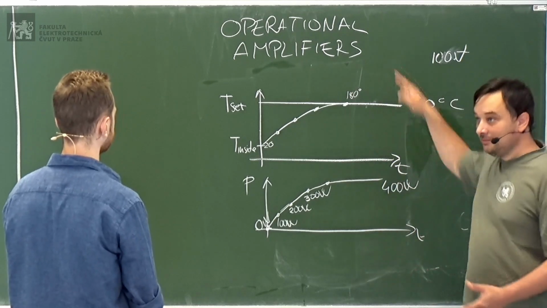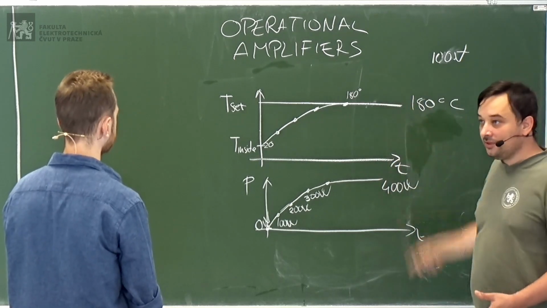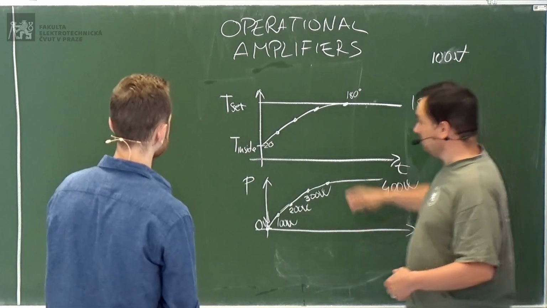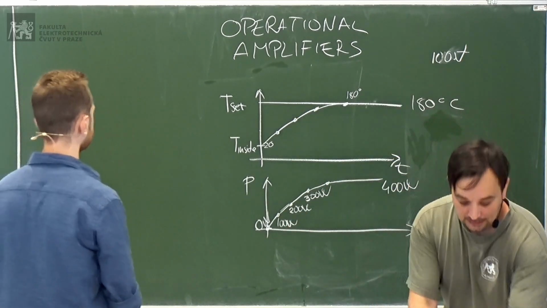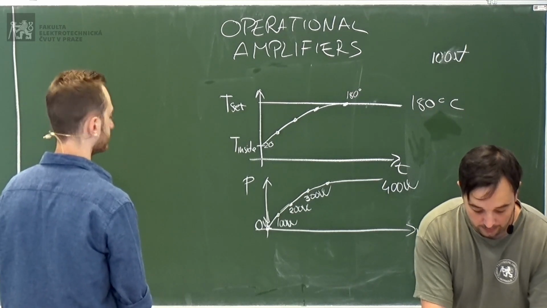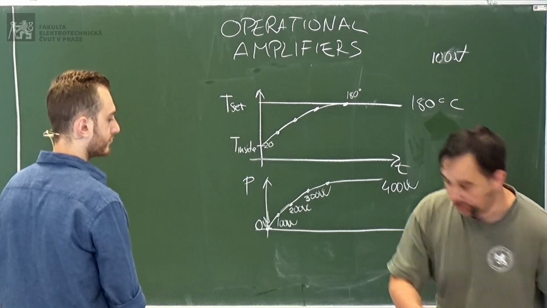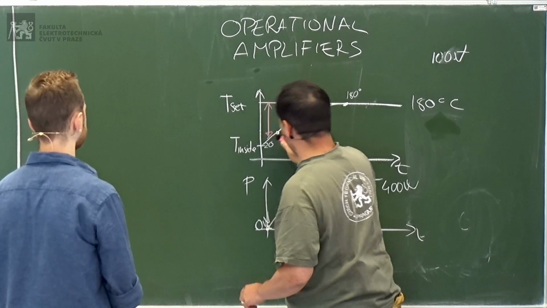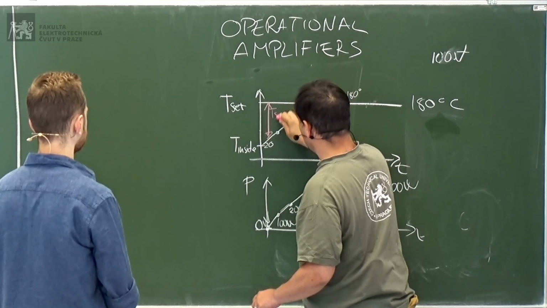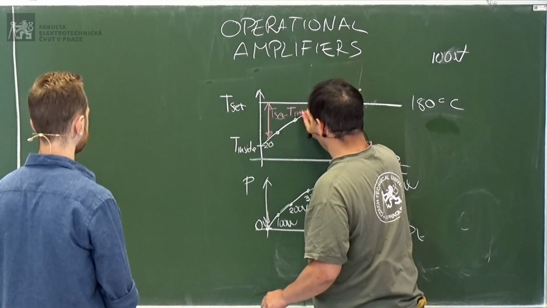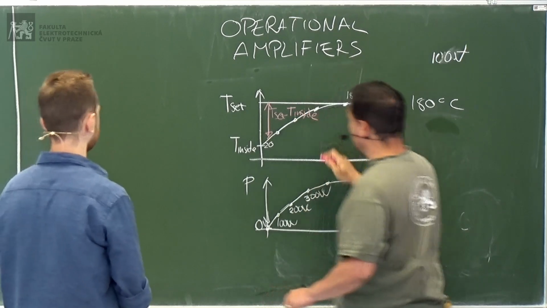At every loop of the circle of the feedback, it will read the difference. So it will read, let me use this red chart, T set minus T inside.